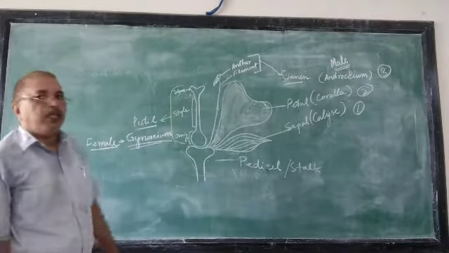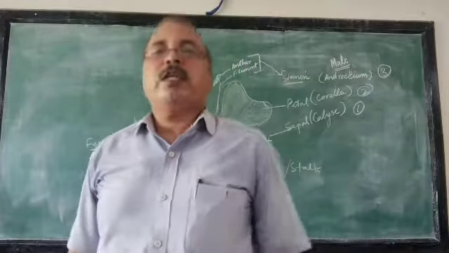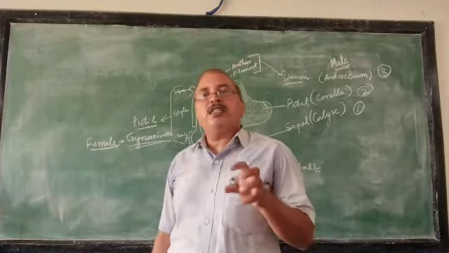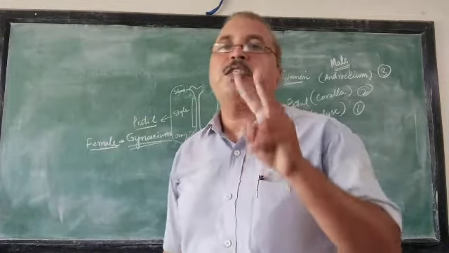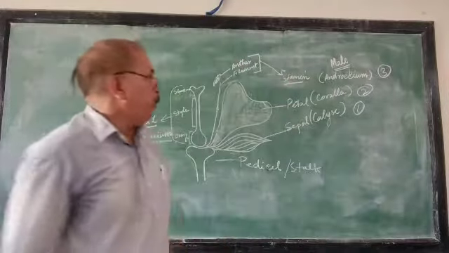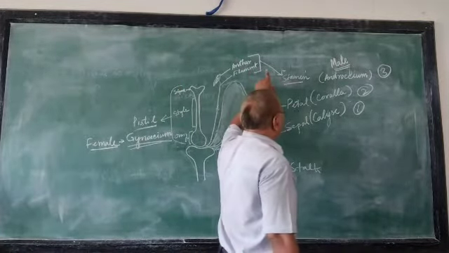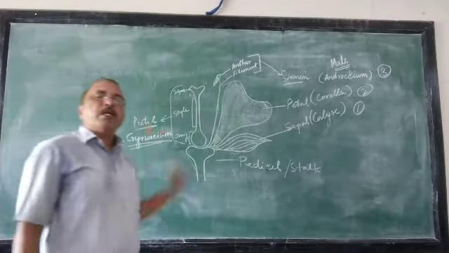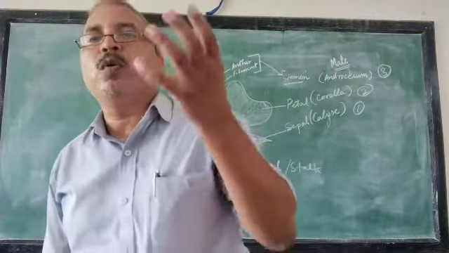So you see, bisexual: bi meaning two, sexual meaning sexes, the genders. If both the genders are present in a flower, that flower is called a bisexual flower. A flower which contains the male part as well as the female part, both the parts present, is called a bisexual flower.